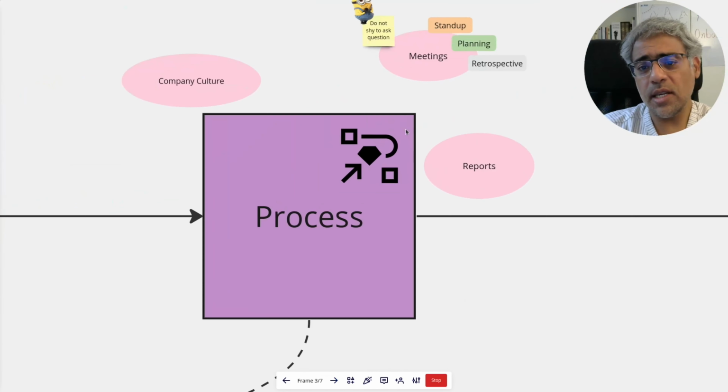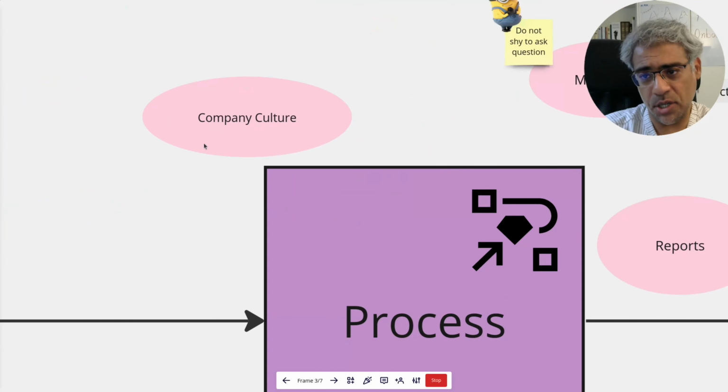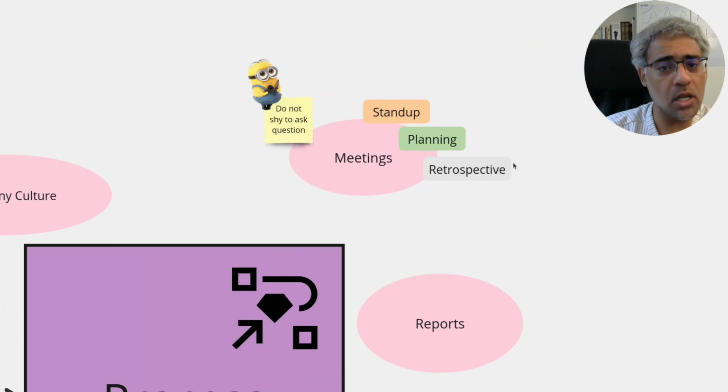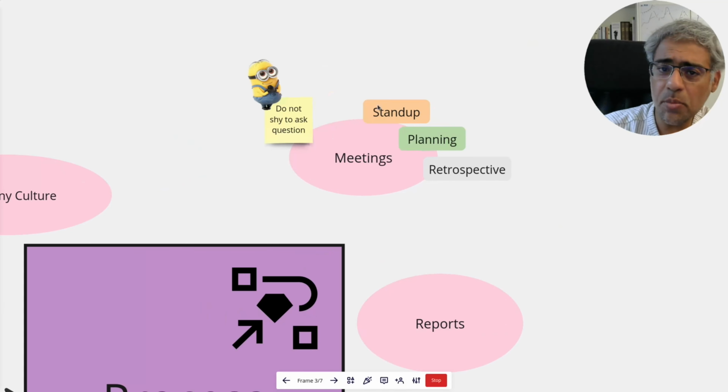Let's go to the third one, which is really important, process and workflow. I would call it company culture, actually. You are going to join some meetings like stand up, planning, retrospective, or maybe if there is another methodology, other meetings. The important point here is do not be shy to ask questions if you don't understand things.